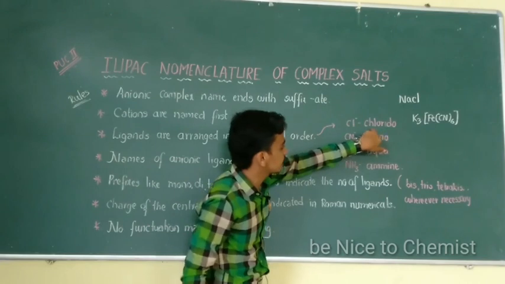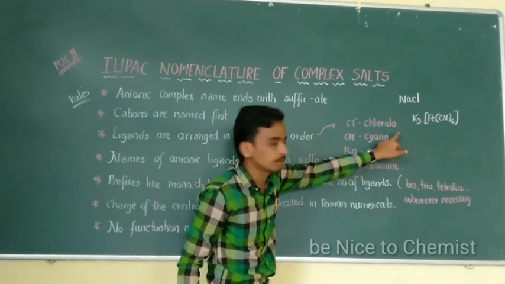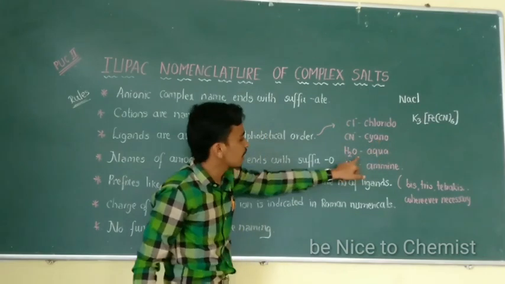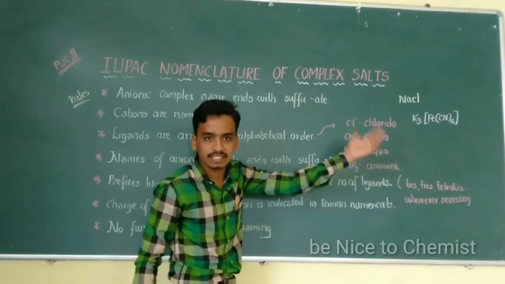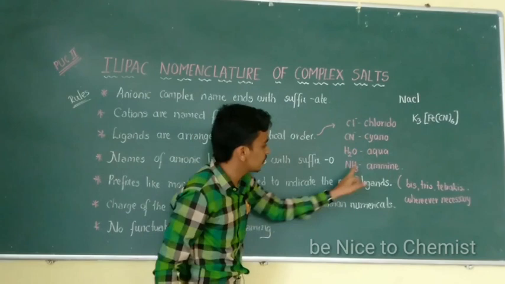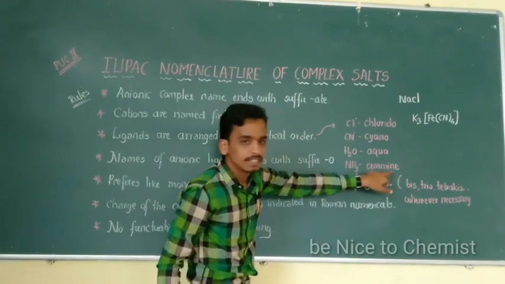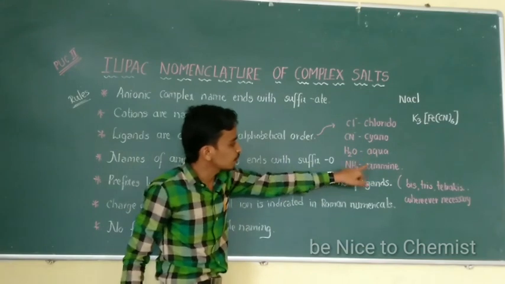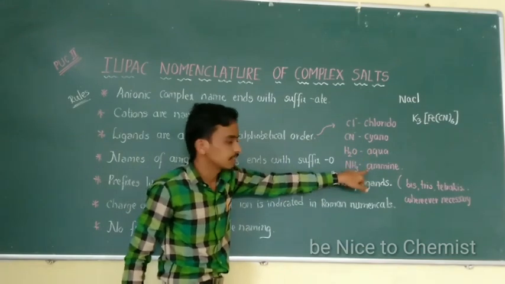Cl minus should be mentioned as chlorido. Cyanide is cyano. Next one, water, Greek name it is aqua, therefore written as aqua. NH3 is amine. First, I am going to write down this amine. Why?